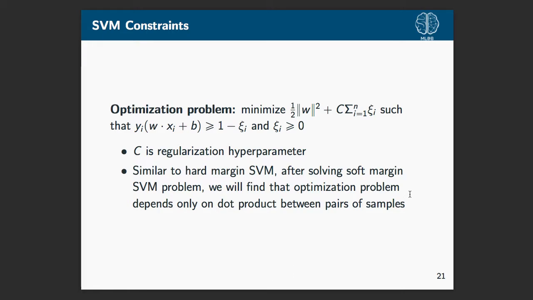Okay. So following the same steps as before, though I skipped a lot of steps in the middle, the optimization problem ends up being that you're minimizing the norm of w squared plus some constant c times the sum of all the slack variables. We're adding the sum of slack variables to the term you're trying to minimize, because we're allowing the slack variable to be positive if it's violating the margin and being misclassified.